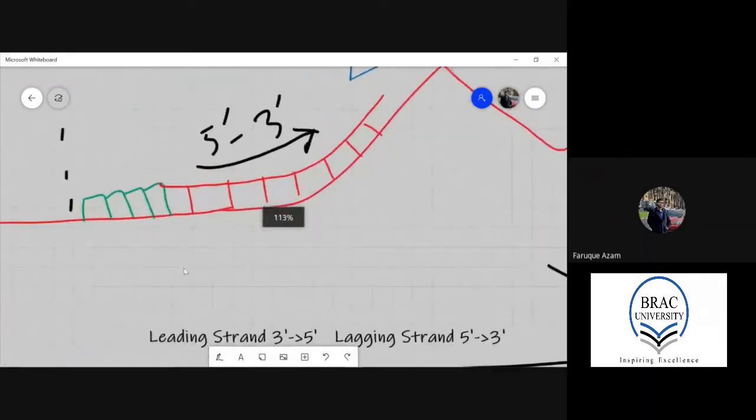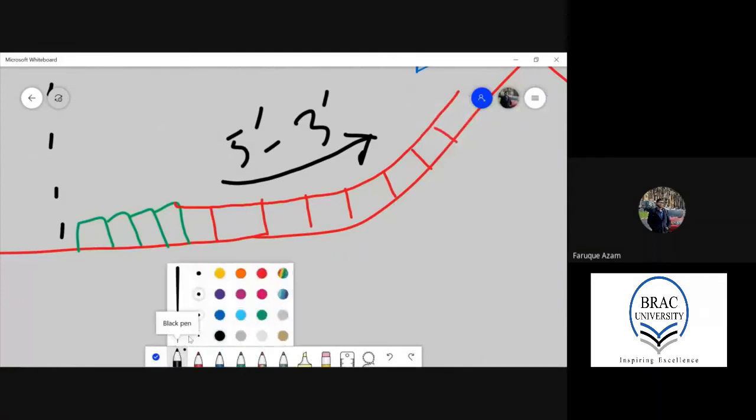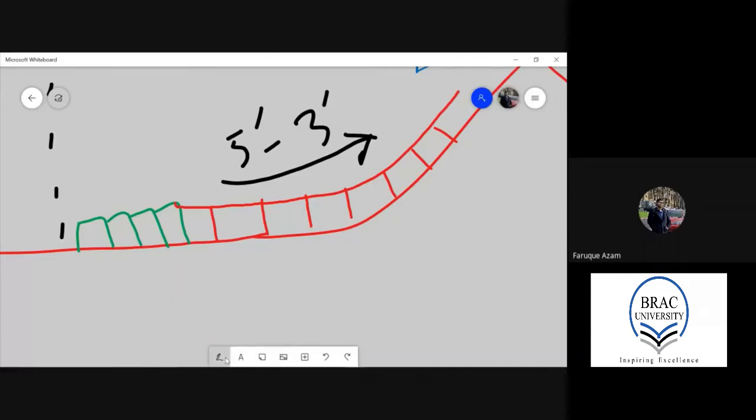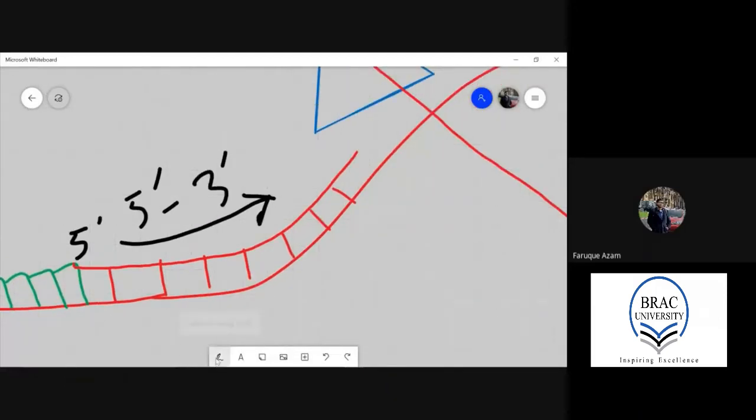As a result of this, this one will be the 5 prime end of your new strand, your daughter strand, and this will go rightward along with the replication fork.